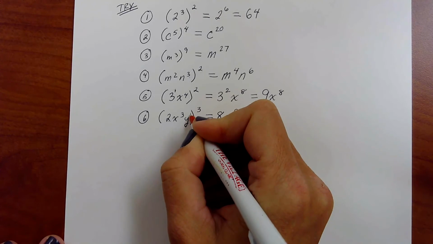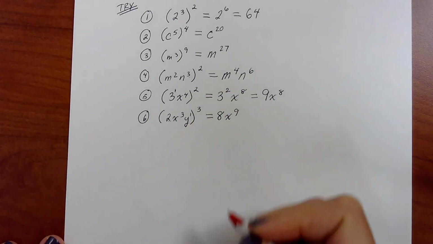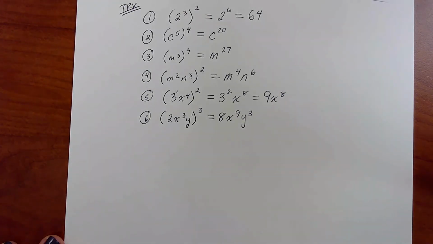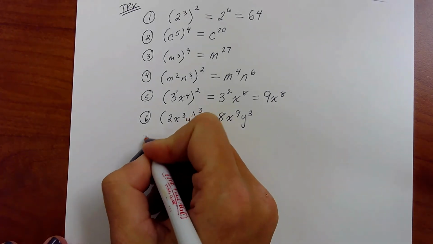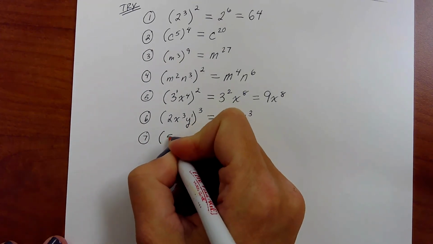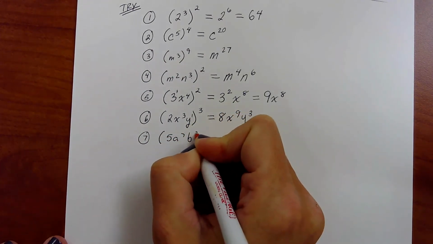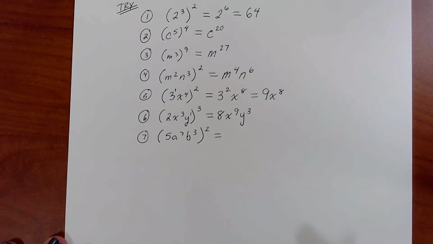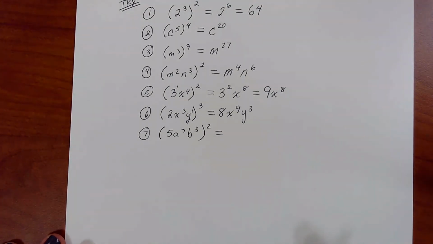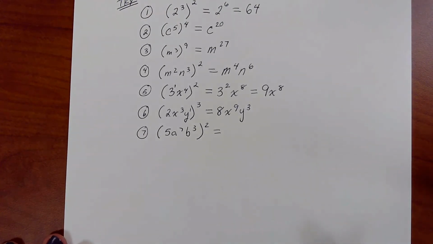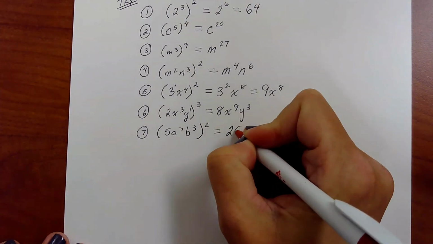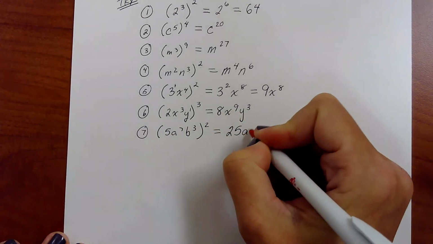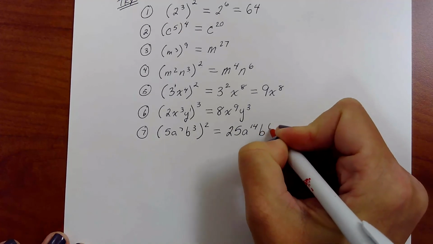Remember the y has an exponent of 1, so this is y to the third. Oof. Try another one like that, see if you can get it. 5a to the 7th, b to the third, all raised to the second power. Okay, hopefully you got 25, because 5 to the second, a to the 14th, b to the 6th.